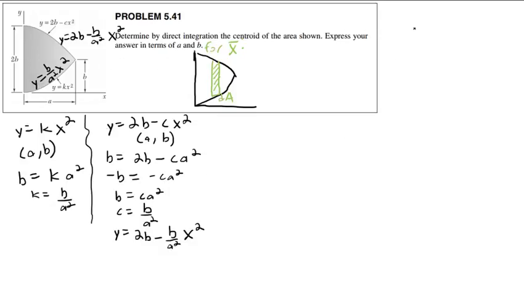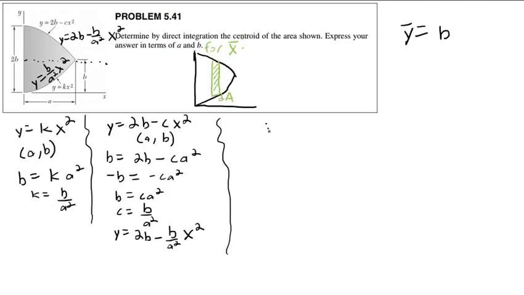So therefore, the y bar is already taken care of for us. The y bar is simply b. So we only need to concern ourselves with the x bar.